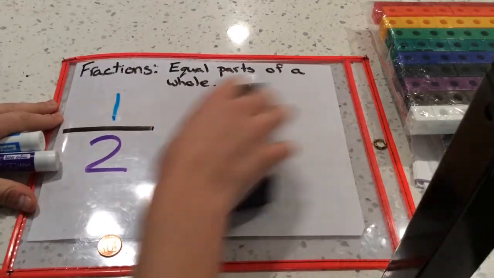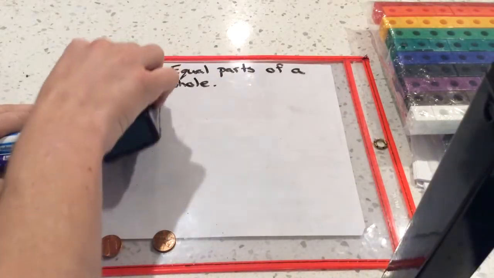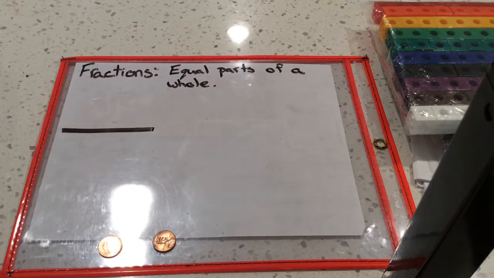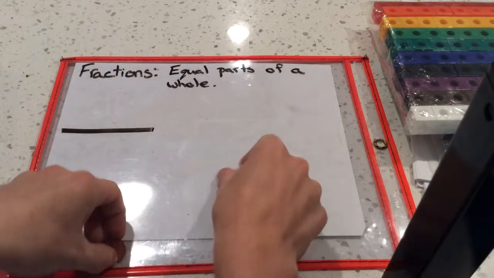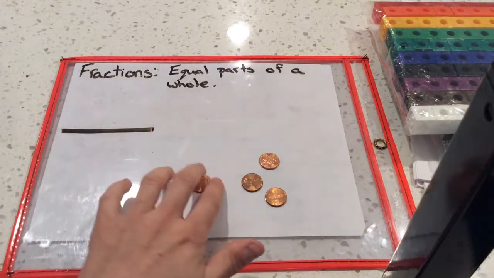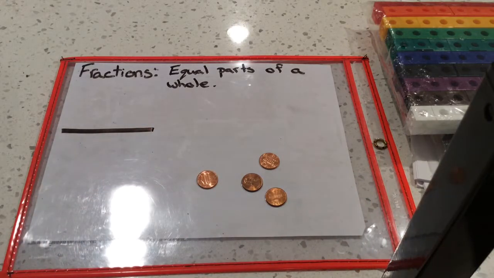But I'm going to erase, and I'm going to introduce a couple of new pennies. So now I'm going to be changing the size. Oh, I misspoke there. I'm going to be changing how many pieces my whole is cut into, okay?